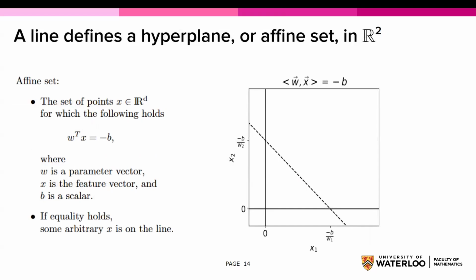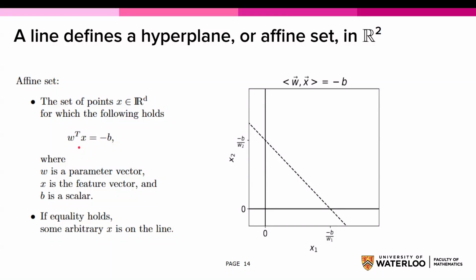So is there another way to write this that is more intuitive, more direct? It turns out that yes, another way to think about a line is as a separating hyperplane in R2, as the set of points that satisfy this equation, which says that the inner product between parameter vector w and feature vector x is always equal to the negative of some scalar b. Here, both x and w lie within the set of real numbers.